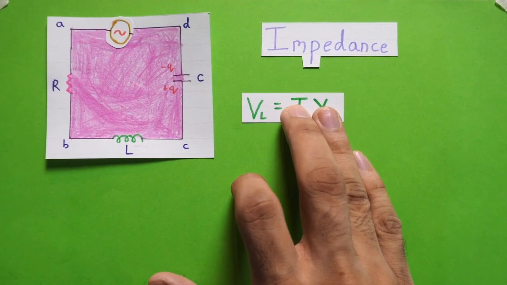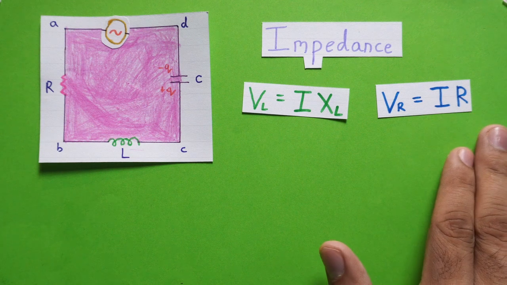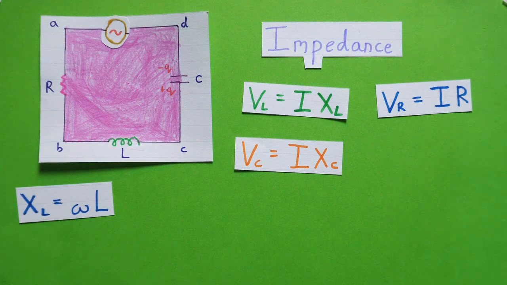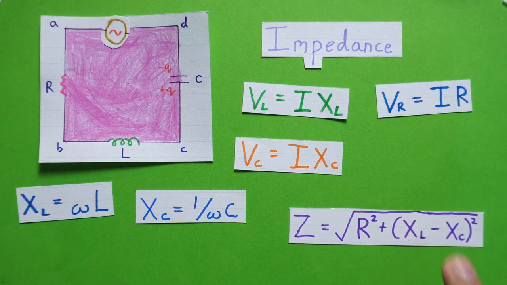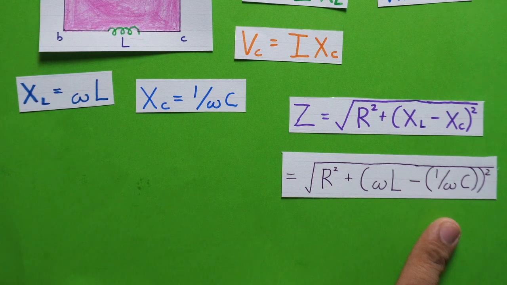The voltage of the inductor is I XL, the voltage of the resistor is I R, and the voltage of the capacitor is I XC. XL is given by omega L, and XC is given by 1 over omega C. We plug all of these values into the impedance equation, which is the square root of R squared plus (XL minus XC) whole squared. Substituting the values of XL and XC, we get this equation.